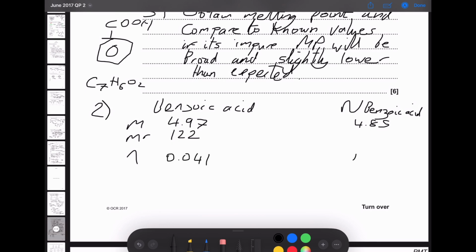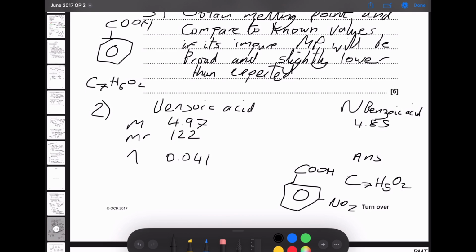I'm just going to leave it as answer. So answer times, okay, we added in a nitro group, and what that means is we've taken off a hydrogen, so we've got C7H5 and then O2, N, O2, so O4, but we'll do that as we go.